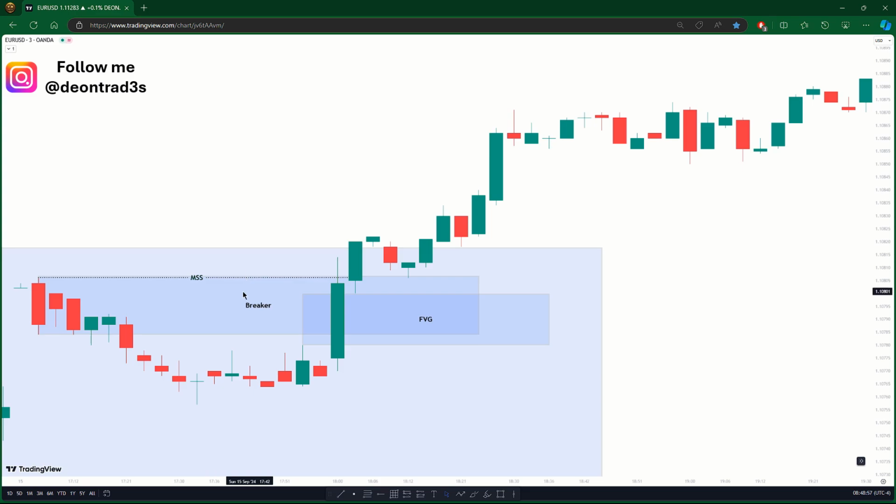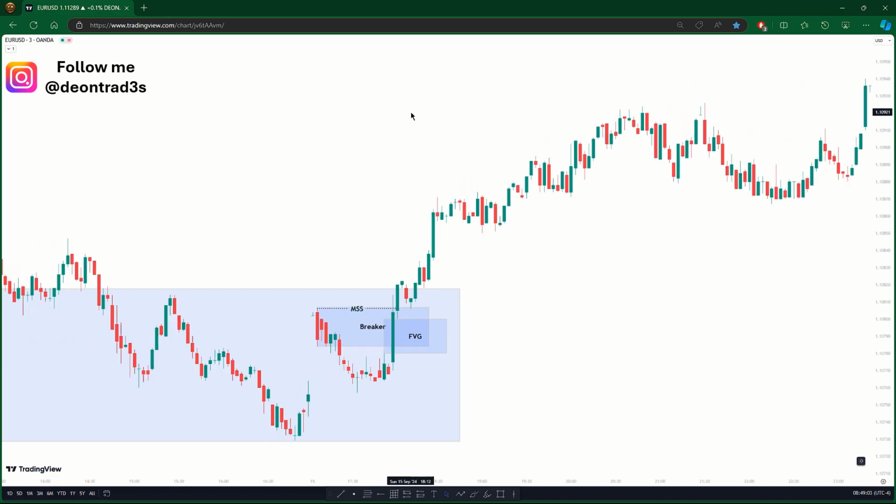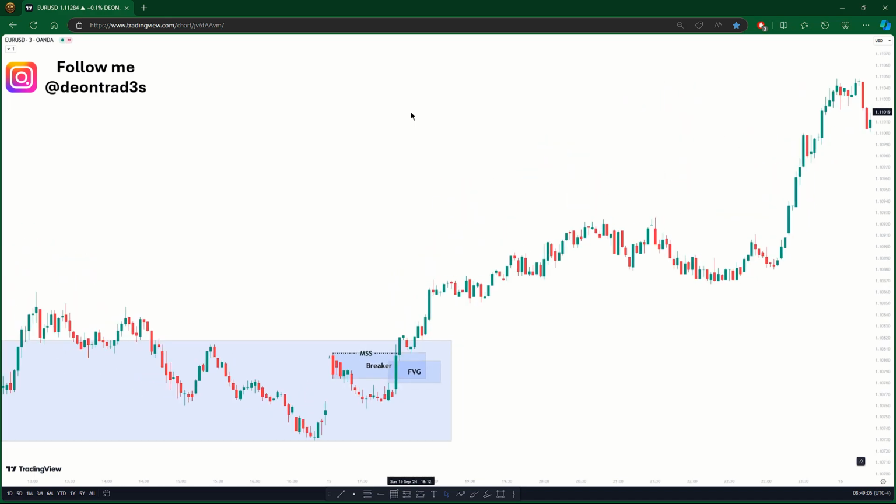It just goes straight to the breaker and then bounces off that breaker and starts going to the upside. So you have a lot of scenarios like that. So this is why you need to understand what is happening when price does something like this. Let's see if we can get another scenario.